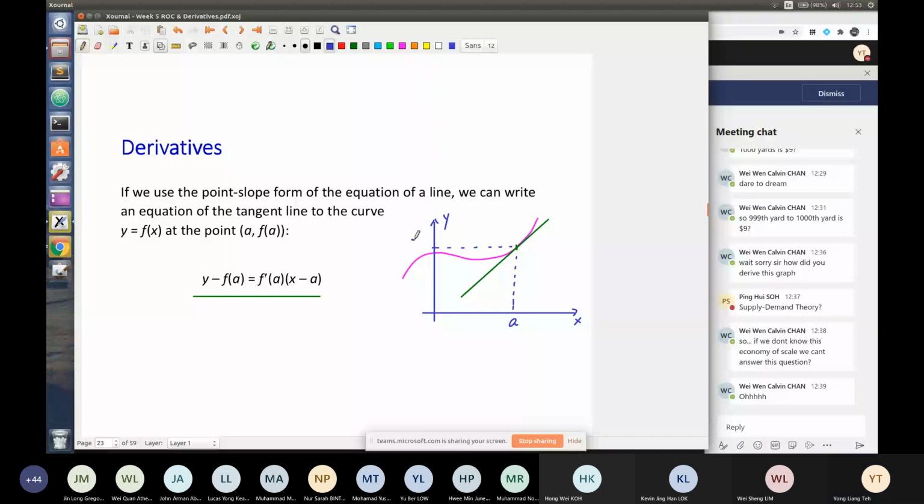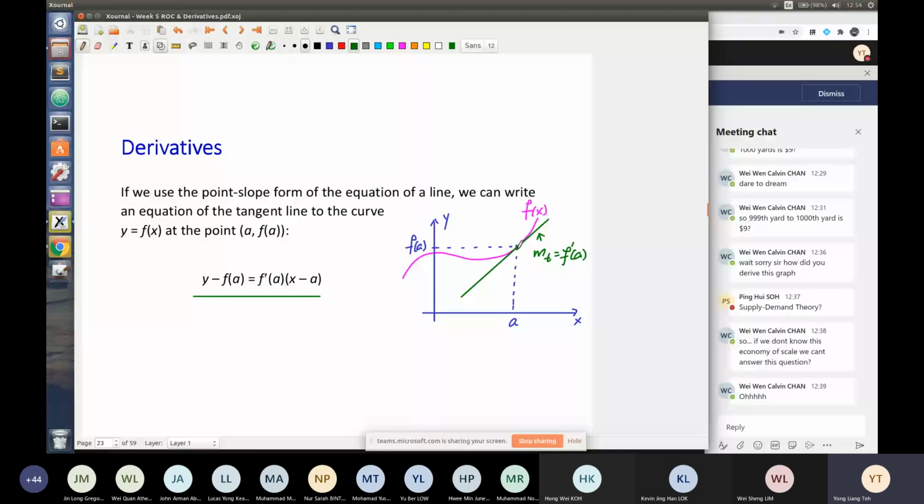F of A. So this coordinate is A, F of A, simply because this line is the function f of x. So the green line here is the tangent line, and the gradient of this tangent line is given by f prime A. So gradient m of tangent is equivalent to f prime A at this point.